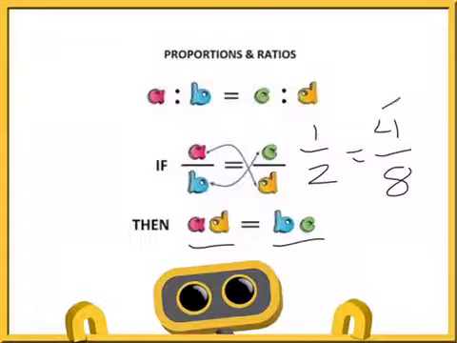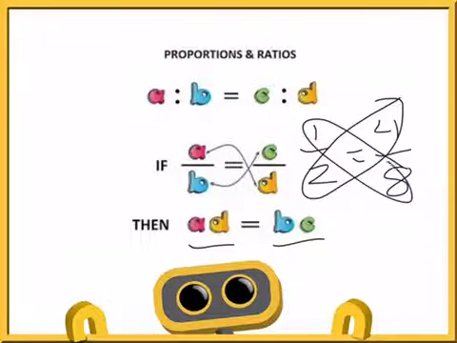Is it true that 4 times 2 is equal to 8 times 1? It definitely is. So that proves that this proportional reasoning is in fact true. It's going to be true for any equivalent ratios or proportions.